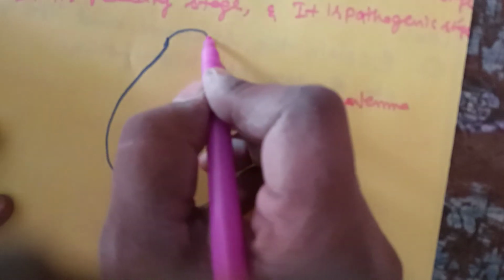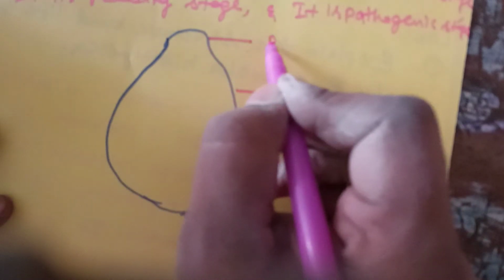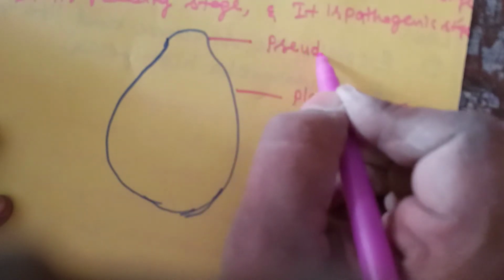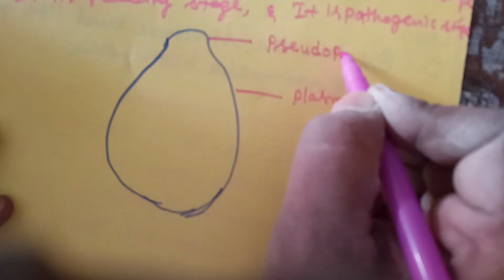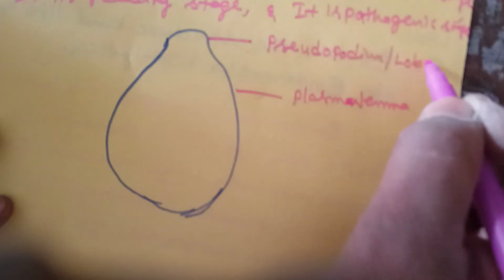On the anterior side, a blunt-like pseudopodium is present. That is called a lobopodium type of pseudopodium.